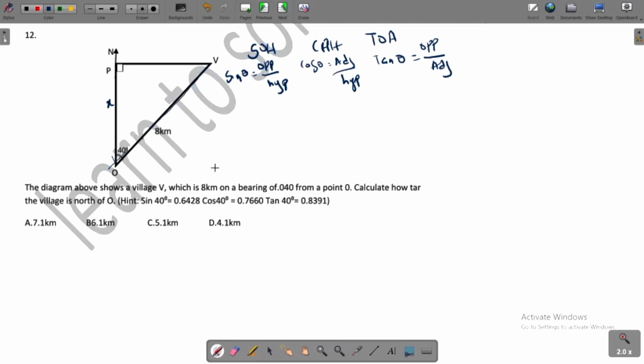In this question, we are using this angle we are given. So when you identify the angle, look at the opposite. Which side is opposite to this angle? It is this side. So in the case of this angle, this will be your opposite.